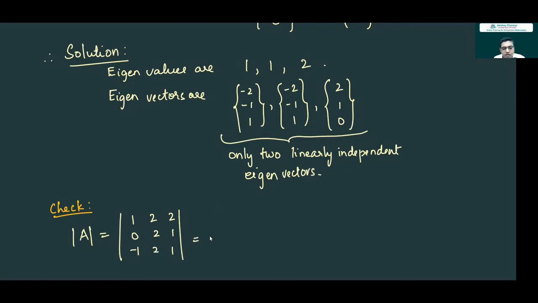This determinant will be 1 into 2 minus 2 is 0, minus 0 times, omit that. Then last one is minus 1 times 2 minus 4. So the determinant is, sorry, this is 2 minus 2, not 2 minus 0, 2 minus 2. So 0 minus 0 plus 2, which is equal to 2.